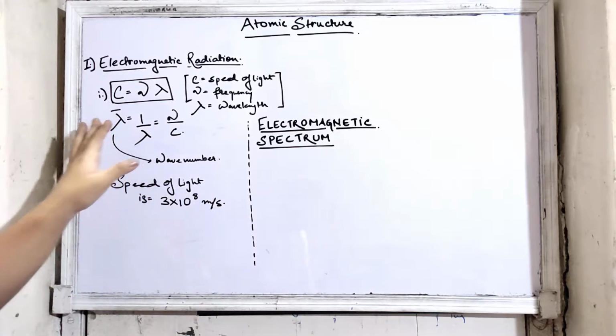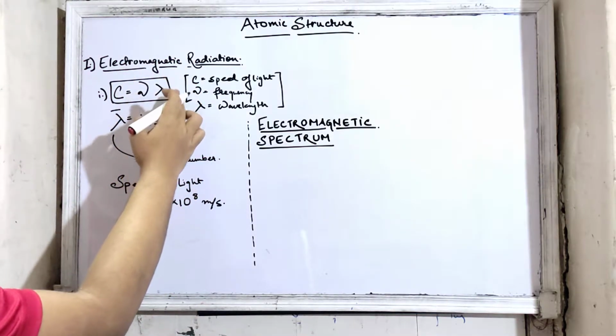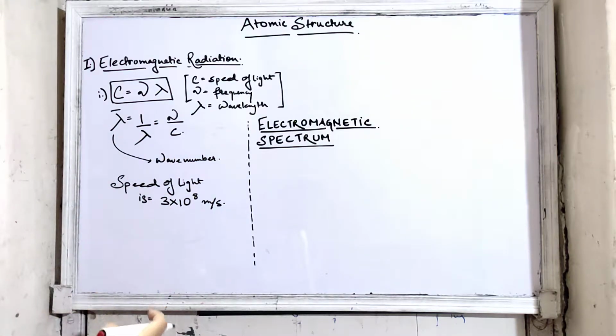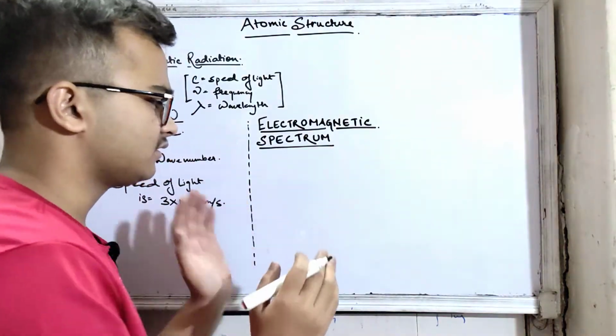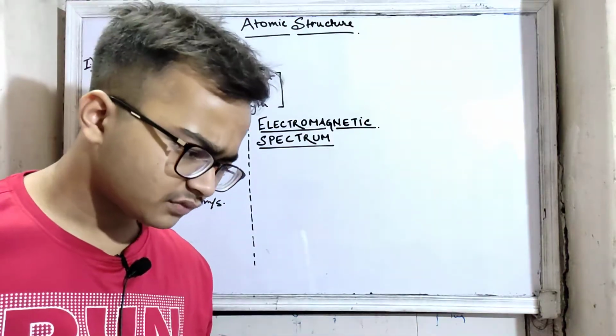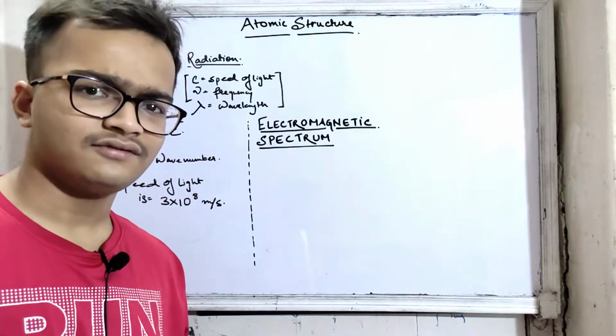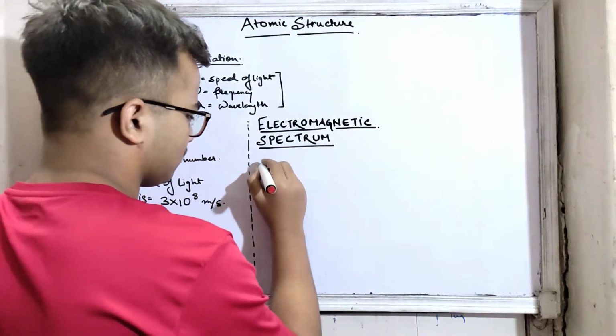From this relation, when you see frequency is increasing, that means lambda is decreasing, right? This is an inverse relationship. So I am going to give you a series. It will be moving from my right to my left. Let's write the series first. First will be cosmic rays.